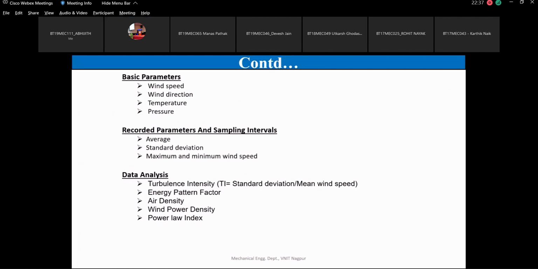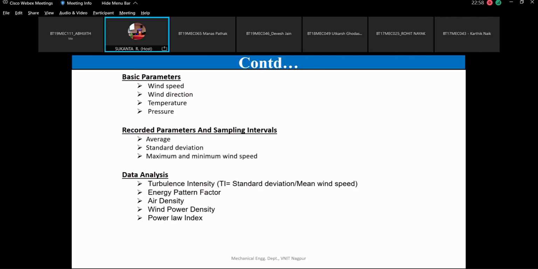So there are some standard heights like 10 meter, 30 meter, 50 meter, 80, 100, even 120 from the ground level, or in short AGL, above ground level.